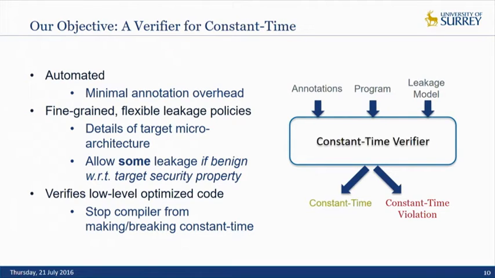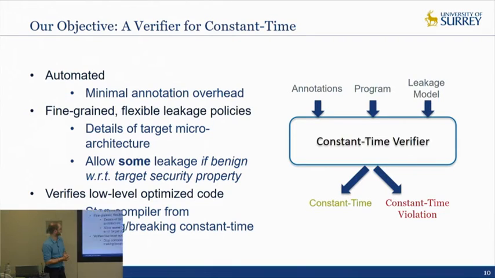So if you are looking at a microarchitecture where the offset within a cache line is not leaked, then you could model it in our tool. And if you go for another microarchitecture that does leak that offset, then you can have a full memory trace leaked to the adversary.